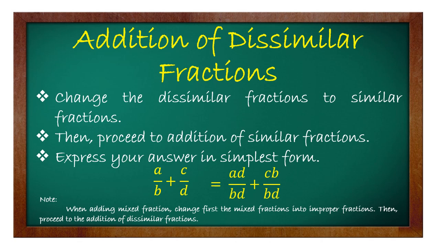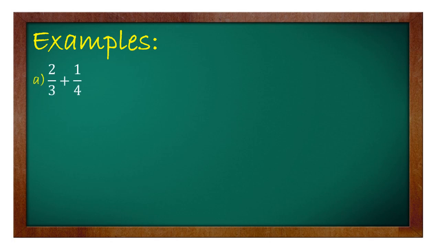Hindi siya katulad kanina sa similar fractions na pwede na nating i-add yung whole numbers sa whole numbers, then numerator to numerator. Now, sa dissimilar fractions, kailangan i-change muna natin yung mixed fractions into improper para hindi kayo malito. Okay, so let's have an example. So we have 2/3 plus 1/4. Kailangan muna natin i-change into similar fractions bago tayo mag-proceed sa addition.